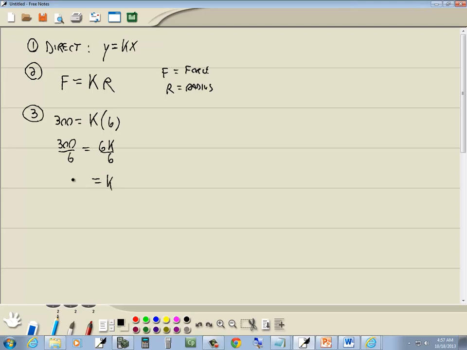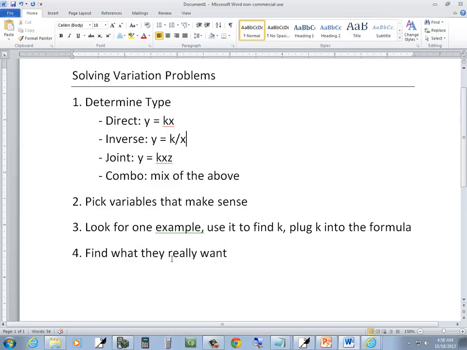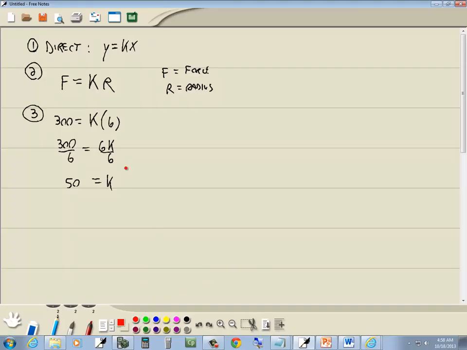And we're going to get K is equal to 50. Then we want to plug K into the formula. Now the formula I'm talking about is the one from step 2, so we'll plug it in right here. And we just said K was 50, so we got F is equal to 50R.